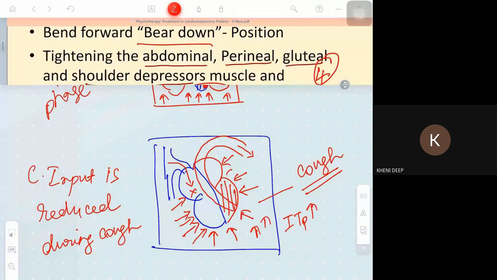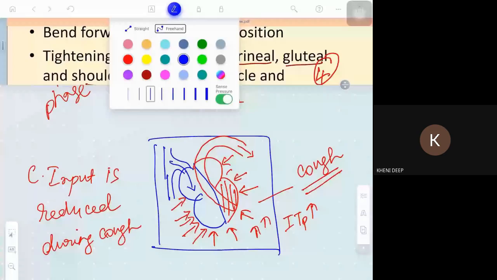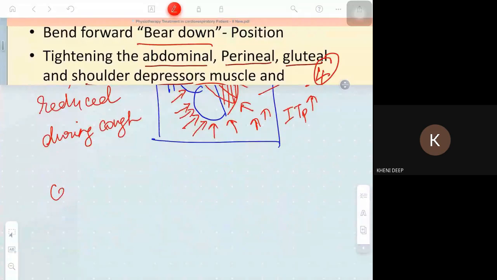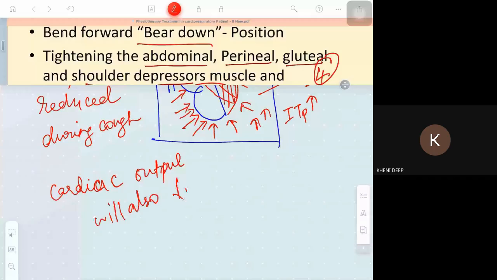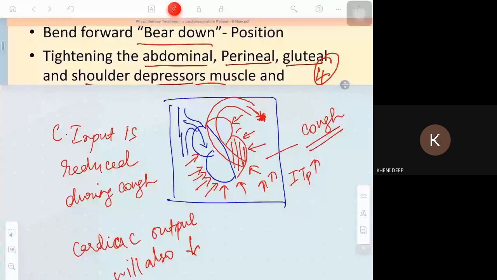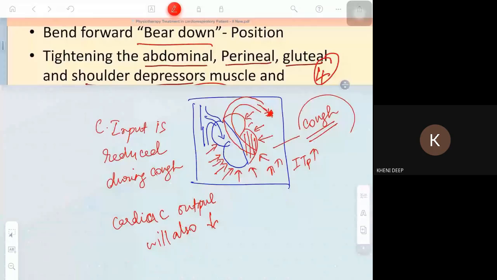So what will happen if cardiac input is reduced? Cardiac output will also reduce. So what is the final conclusion? During cough, cardiac input and output are reduced.